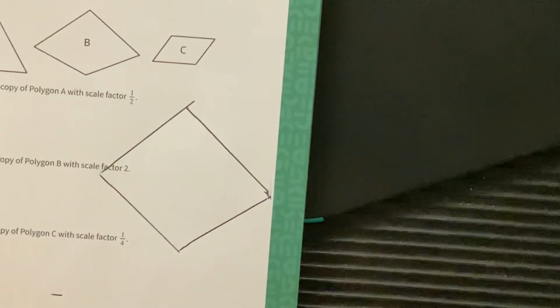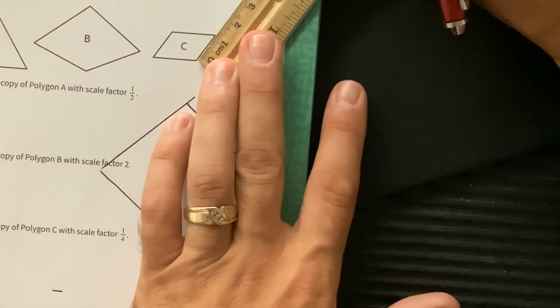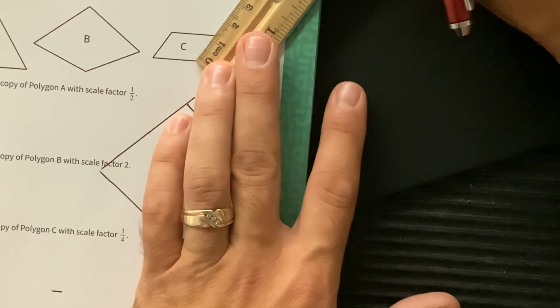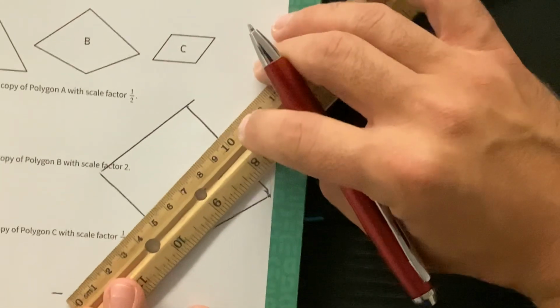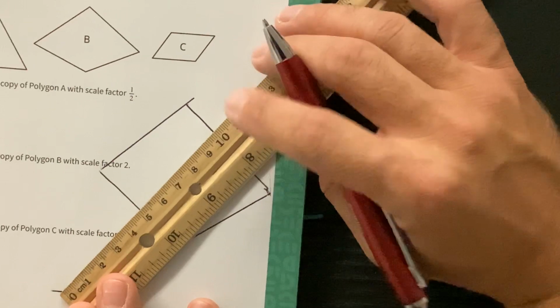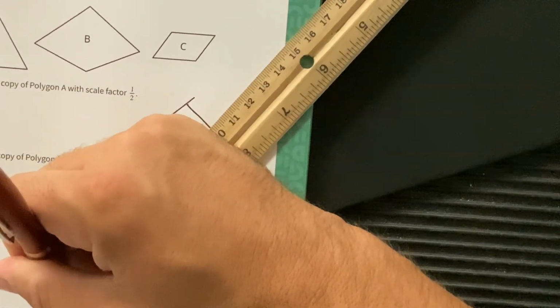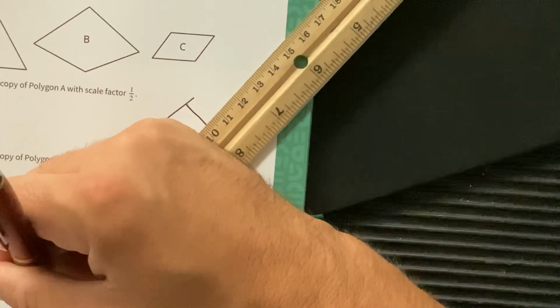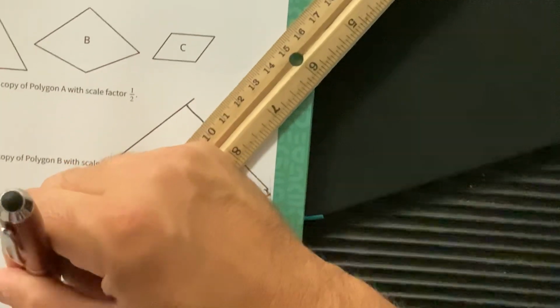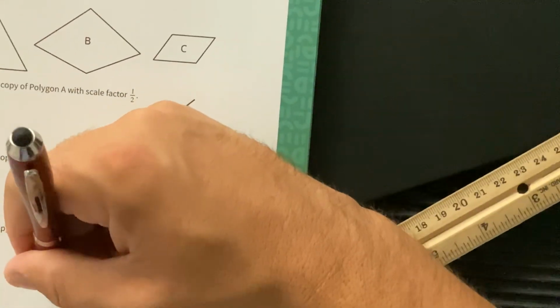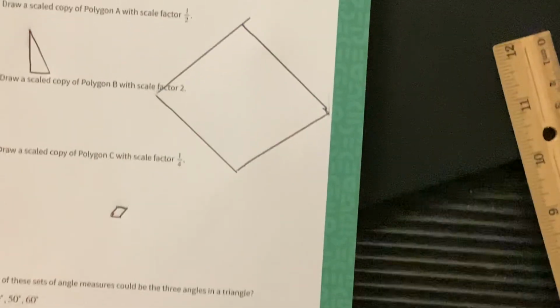Not very big. Got 12 on the side. 12 divided by 4 is 3. This one's 3. Connected. Not very big. Quarter the size.